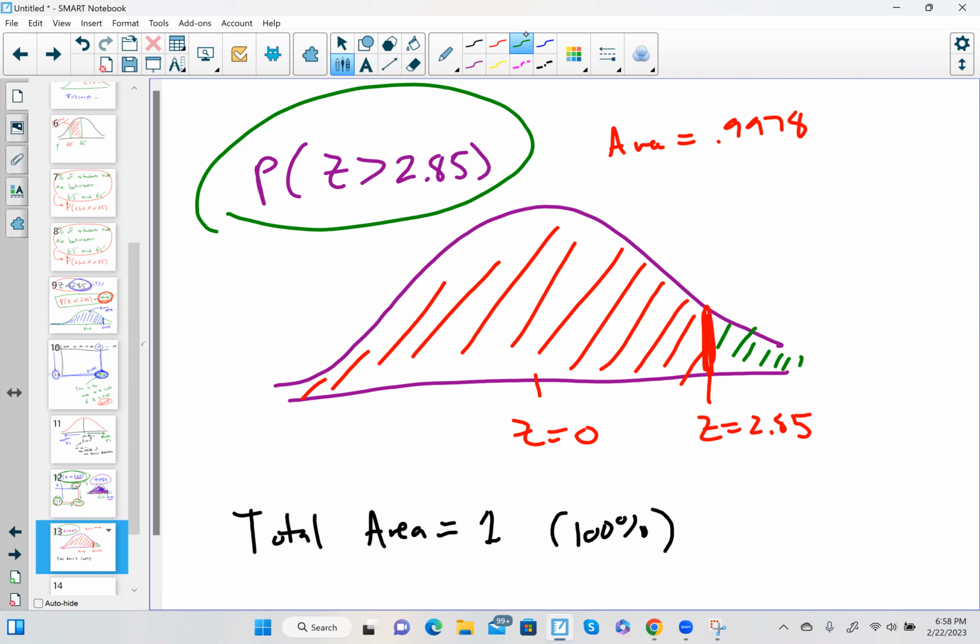So if you want this little green area up here, we can do 1 minus 0.9978, which I think is 0.0022. Okay. Let's pause for a minute. Do you have any questions for me about that? We're good? Okay, so 0.0022, that's what we have there. That's how you can get all kinds of areas.